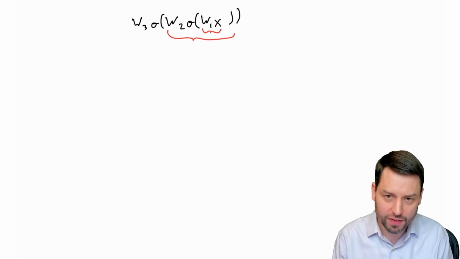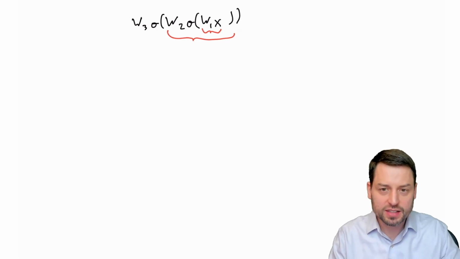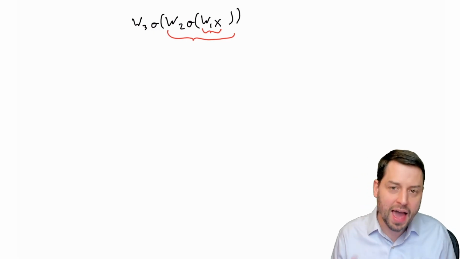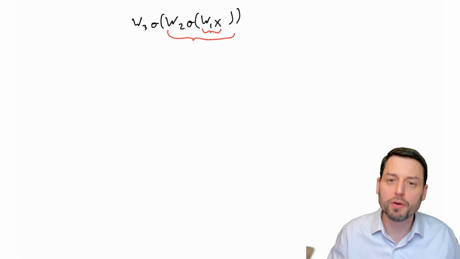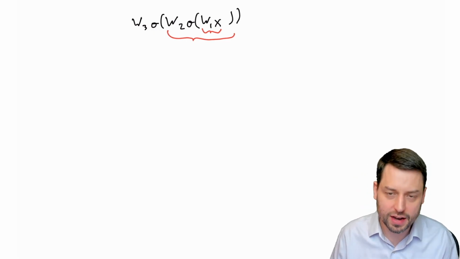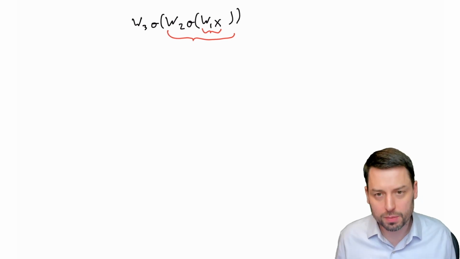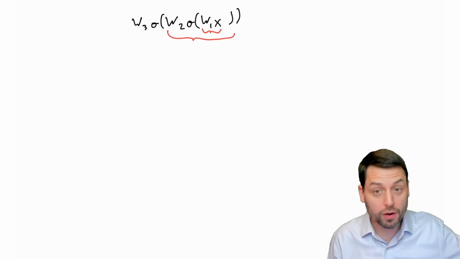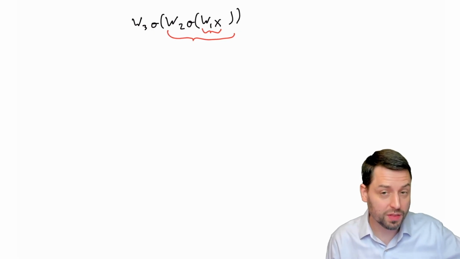It doesn't have to be perfect, but we don't want them to blow up in value. Because if the magnitude of our activations is getting bigger and bigger at every layer in the network, then we have a problem. Maybe we'll run into numerical issues as we get deeper in the network.